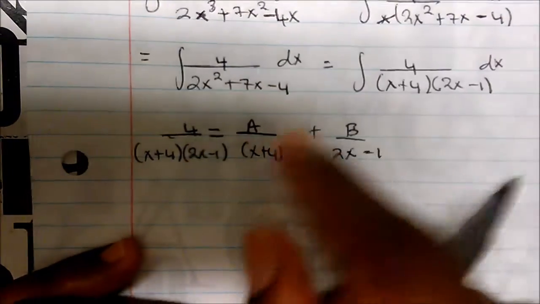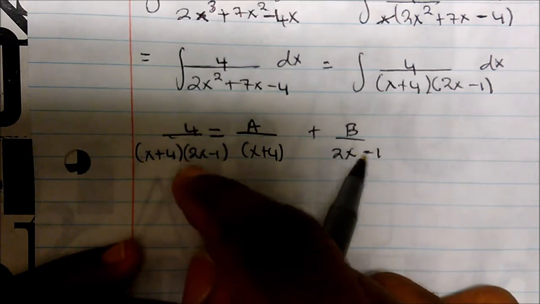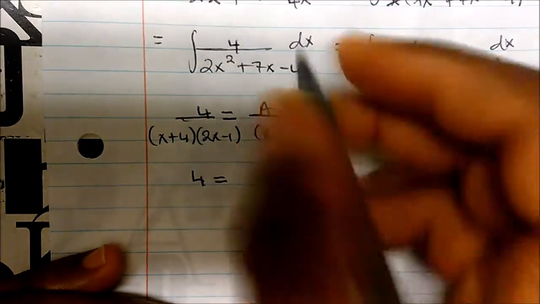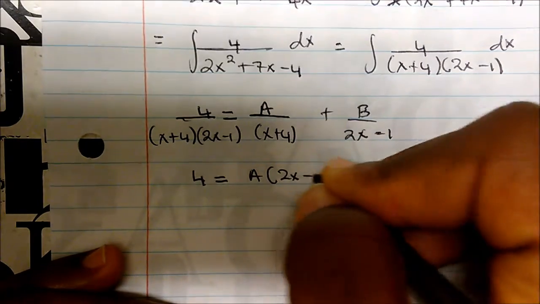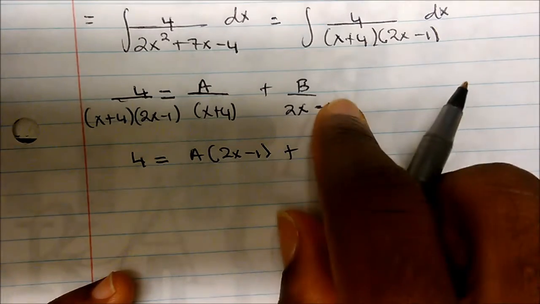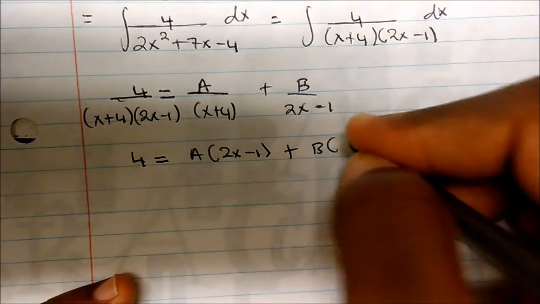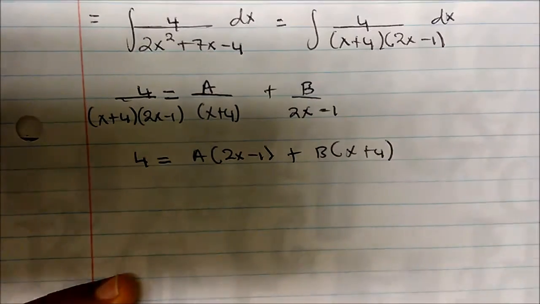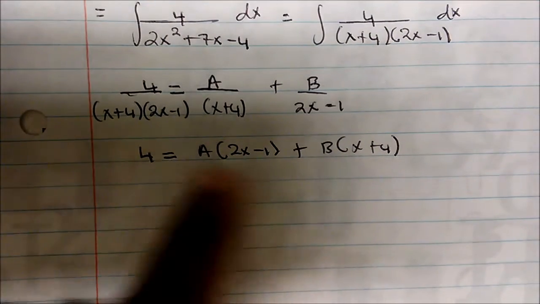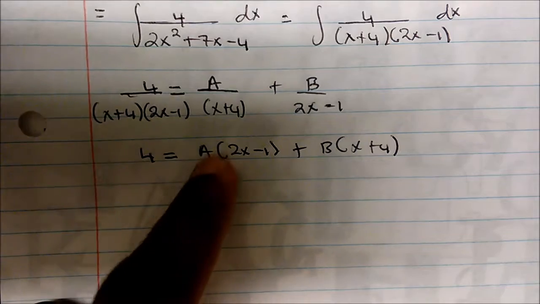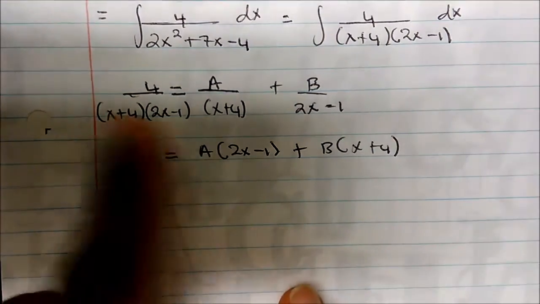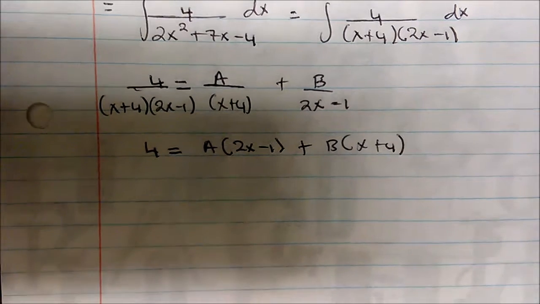If we multiply by x plus 4 and 2x minus 1 on both sides, then we get 4 equal to A times 2x minus 1 plus B times x plus 4. I hope everyone is okay with what I did. I just skipped steps there, but essentially I just multiplied by the common denominator on both sides, and whatever cancels out will just give me the remainder.